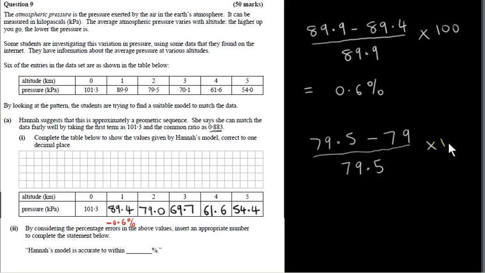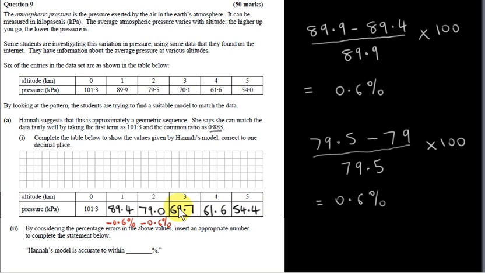We multiply this by 100. To one decimal place, this is 0.6%. And again, we can see that the value in the model for the pressure in kilopascals at an altitude of 2 kilometers is less than the measured value for the pressure at 2 kilometers above sea level. So we can write in minus 0.6% here. And so on. We continue.